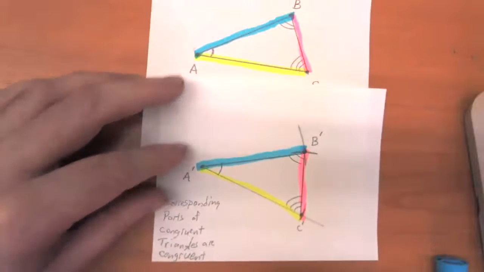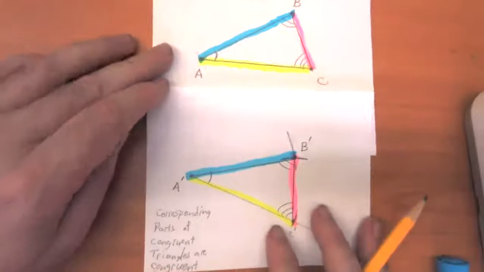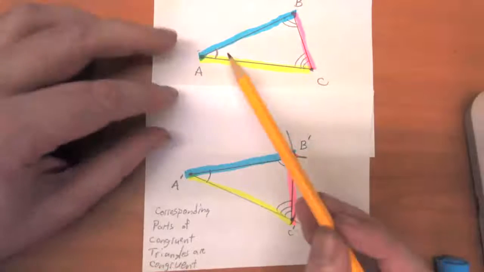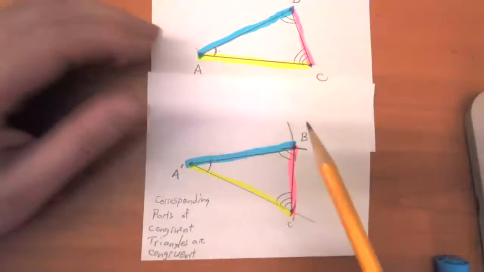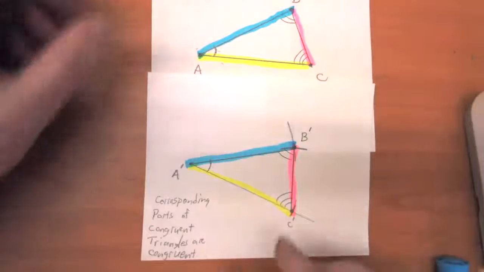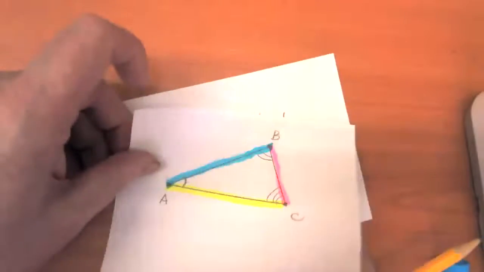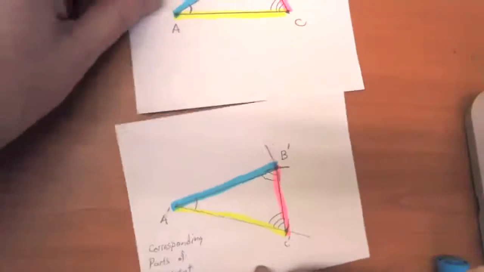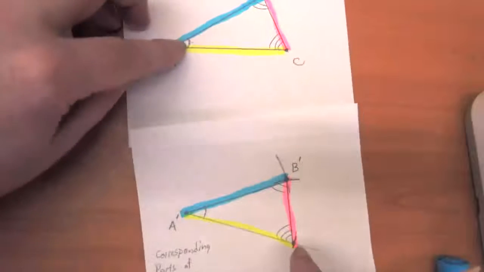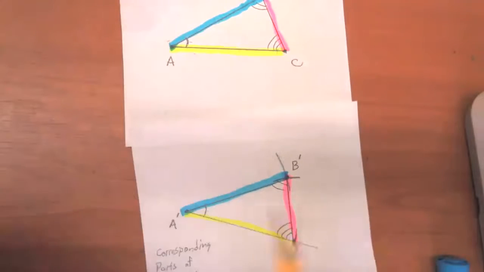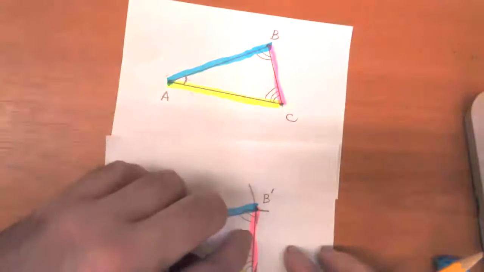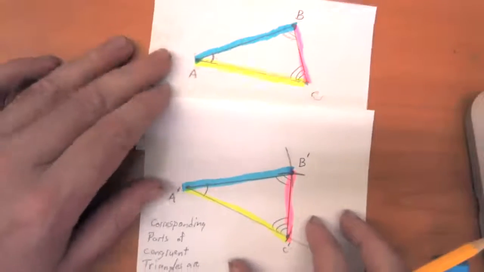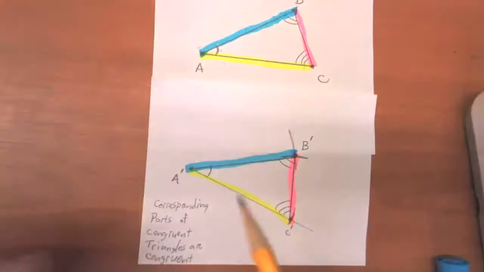So let's just take those words and translate them into what we just saw in the diagram. So this angle A and angle A prime are corresponding angles between these two congruent triangles. All right, so if I move the triangle over like this, A is going to line up with A prime. So this angle is going to line up with this angle. That's what makes them corresponding parts. Just like this pink side corresponds to this pink side over here. So those are examples of corresponding parts of congruent triangles.